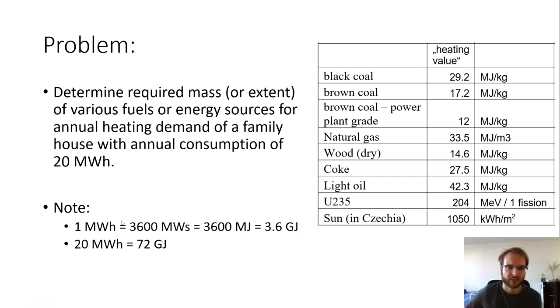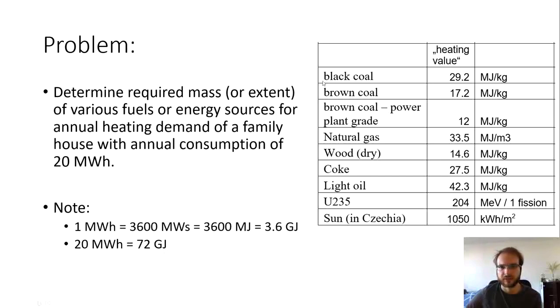So 1 megawatt hour is 3600 megawatt seconds, because 1 hour has 3600 seconds, and a watt second, you might know, is a joule. So a megawatt second is a megajoule, that means 1 megawatt hour is 3.6 gigajoules. The 20 megawatt hours, that is our heating demand, is 72 gigajoules.